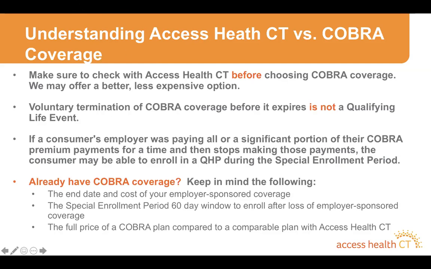And also to remind everyone that if someone does elect to take COBRA and decides later on, oh, I'd rather explore my options through Access Health, they can't voluntarily terminate their COBRA coverage in order to enroll during the special enrollment period, because that is not a qualifying life event. COBRA actually has to come to its natural end in order for it to be a qualifying life event. They can't just voluntarily disenroll from it and come on the exchange.